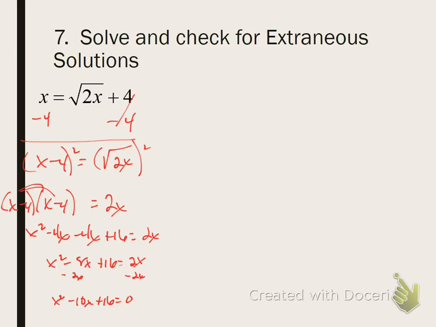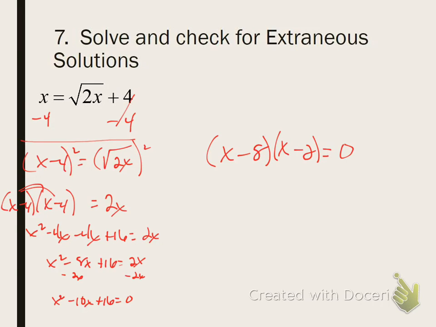Now, this is a quadratic equation, and the reason why I subtracted 2x from both sides, it's a quadratic equation, which means that we're going to try to use the square root method, the factoring method, or the quadratic formula, but none of those work unless the equation is equal to 0. Okay? So I had to get it equal to 0. Turns out x squared minus 10x plus 16 will factor into x minus 8 and x minus 2.